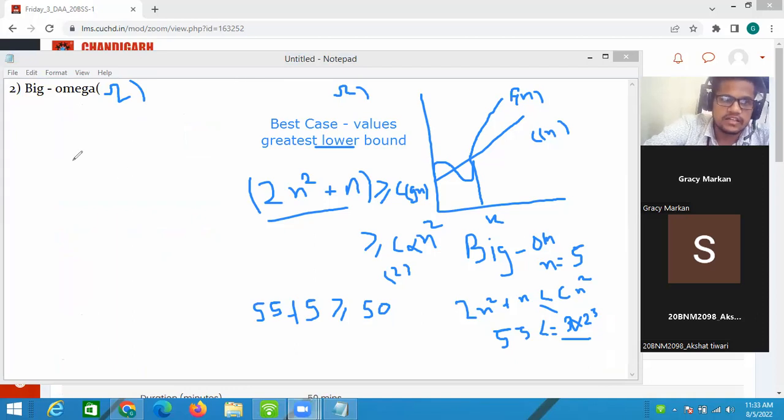So the last one is theta. The third one is theta. And the symbol is theta. And this is going to give the average.